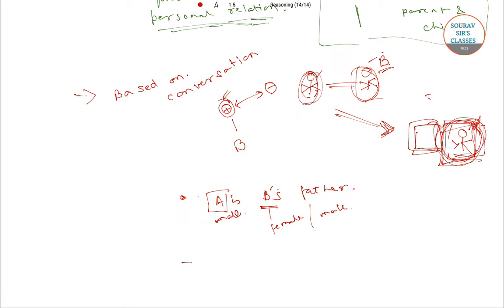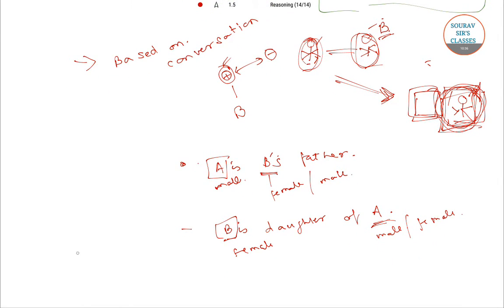Similarly, if we are saying that B is daughter of A, then we can say that B's gender is female for certain, but we cannot say the gender of A. A can be either male or female.